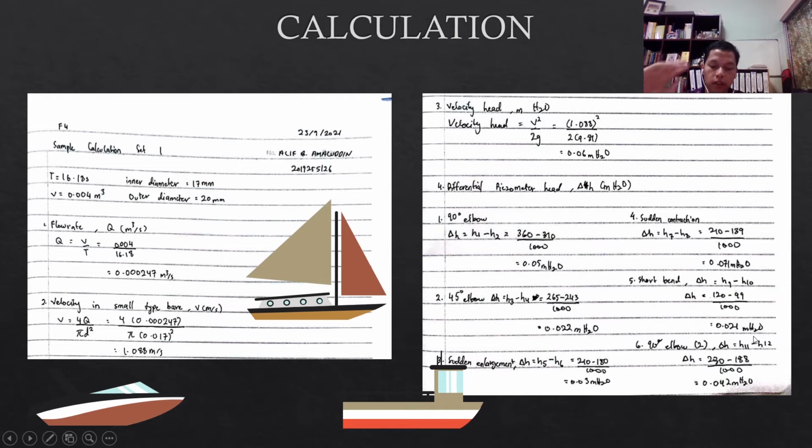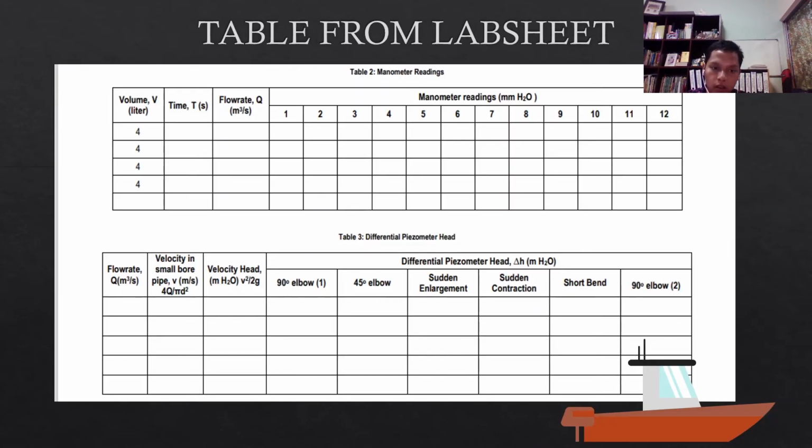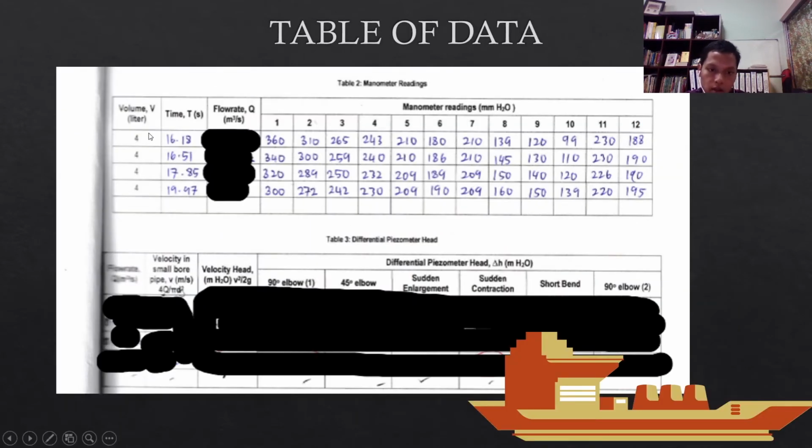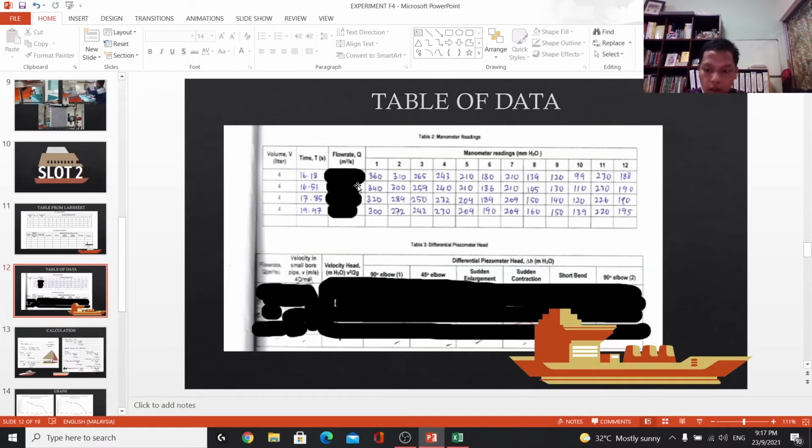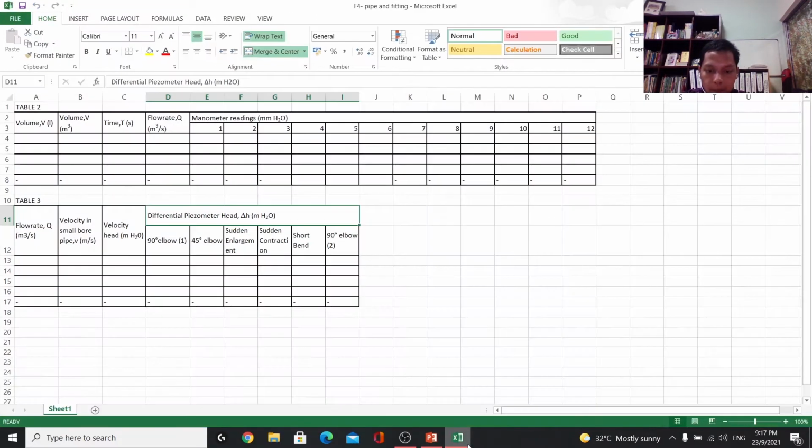So the data have already been given here, so we just use it wisely. This is h1, h2, and then this is h3, h4, and that's all. So I will do the graph here.